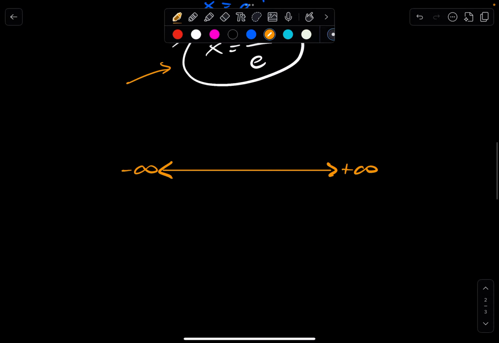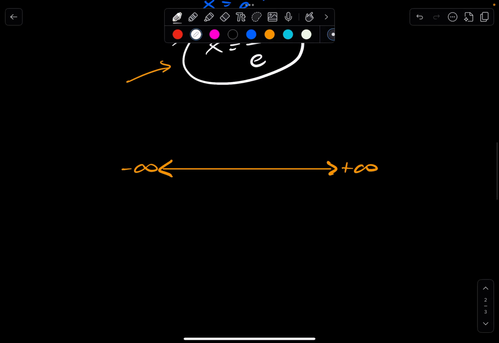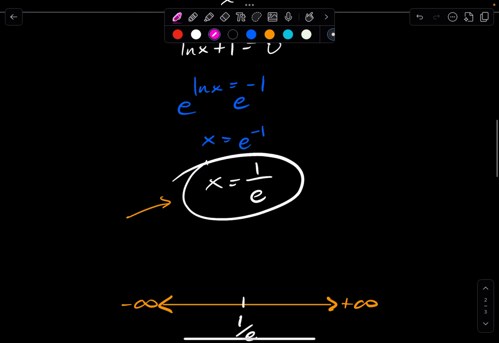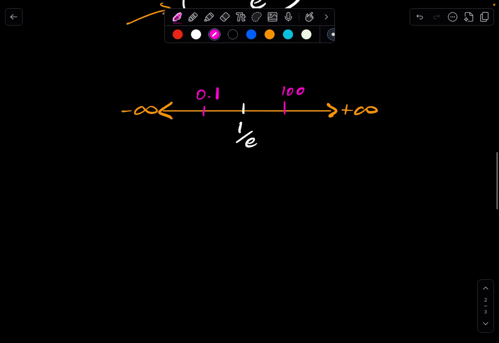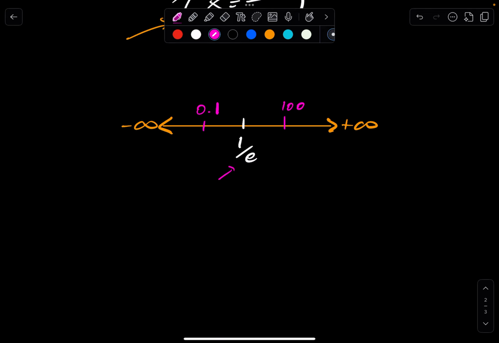So our critical point that we calculated was 1 over e, which means I'm going to be drawing a little number here, 1 over e, and then as a test value to see what the derivative is on the right side of 1 over e, and then on the left side, I can do any value greater than 1 over e on the right. So that would be 100, for example, and here I can do 0.1, because 1 over e, I believe, is 0.3 or some number like that.